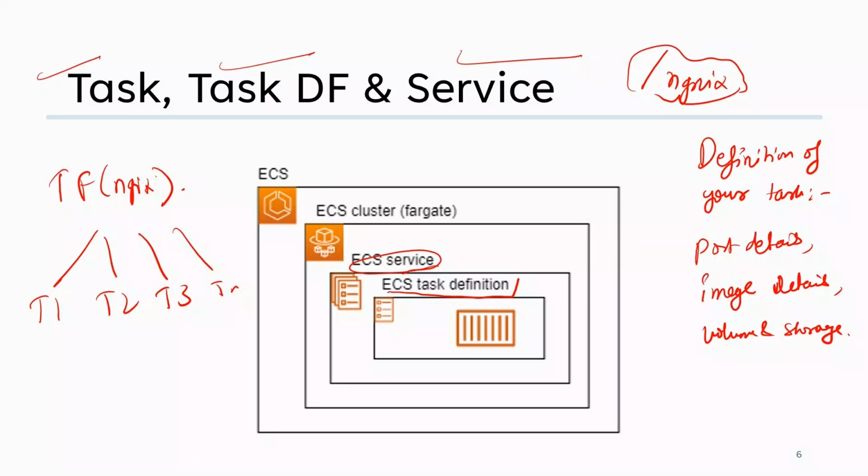So that task needs to run 24/7. But sometimes, due to some kind of bug or some other issue, maybe, I don't know, Superman came in or something like that, your task goes down. So the ECS service will be responsible for spinning up a new task in its place.